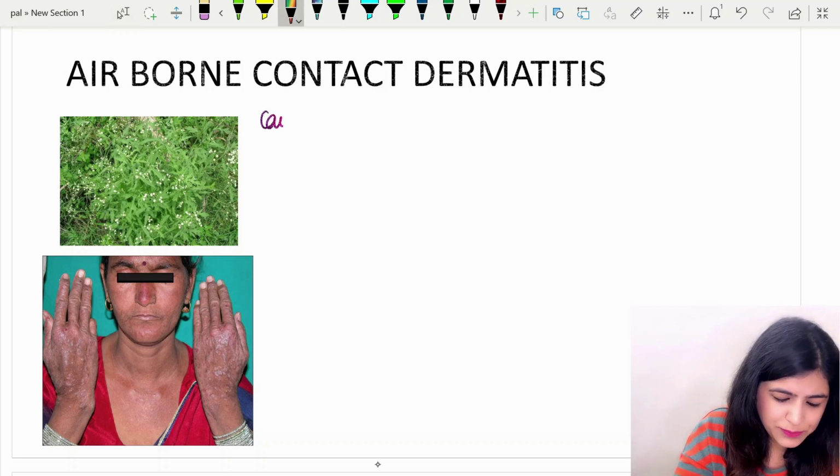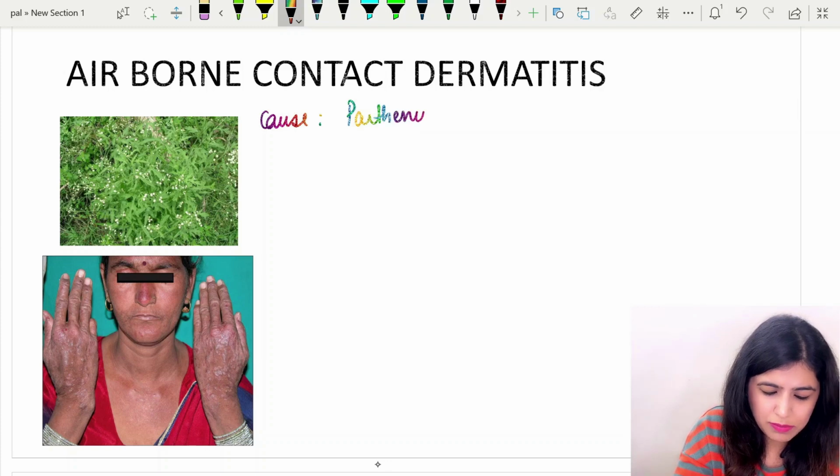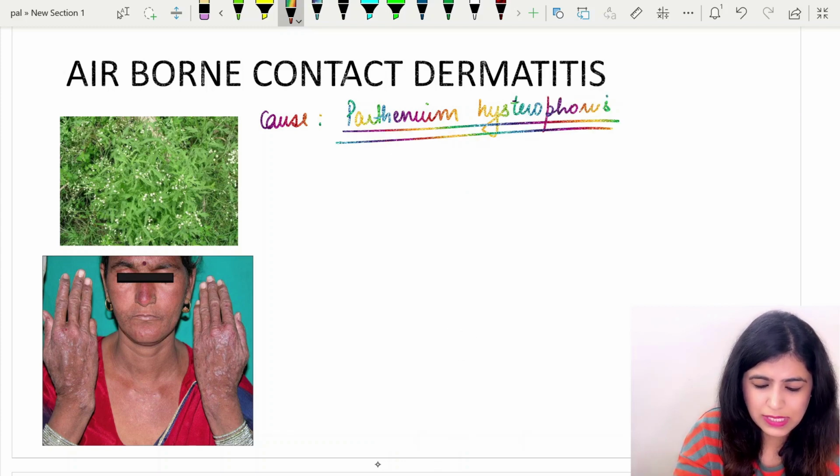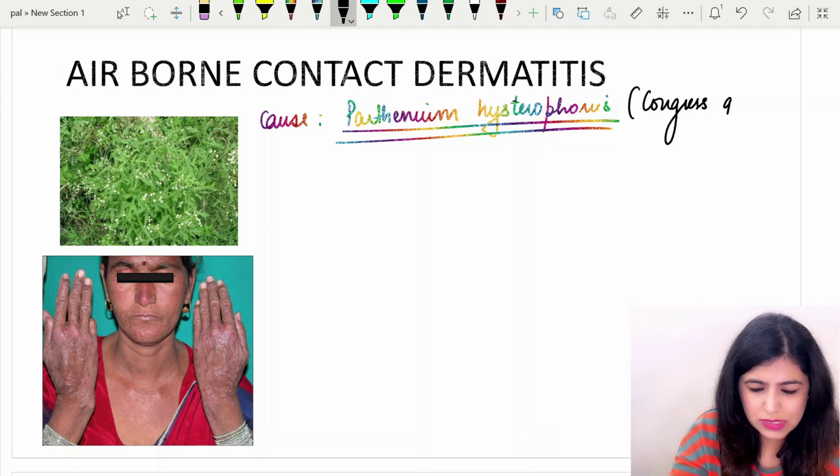What is the cause? The cause for this is a plant known as Parthenium hysterophorus, also called the Congress grass.